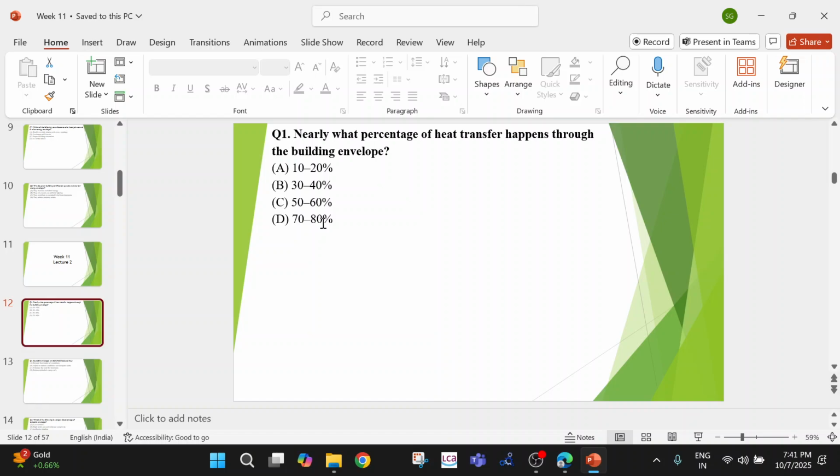But it's not that question. It is asking you, if you are staying in a particular building, how much heat transfer occurs through the building envelope. The building is mainly comprised of the building envelope only. So whatever heat transfer is occurring, most of it occurs from the building envelope. That's why it's option C, 50 to 60%.